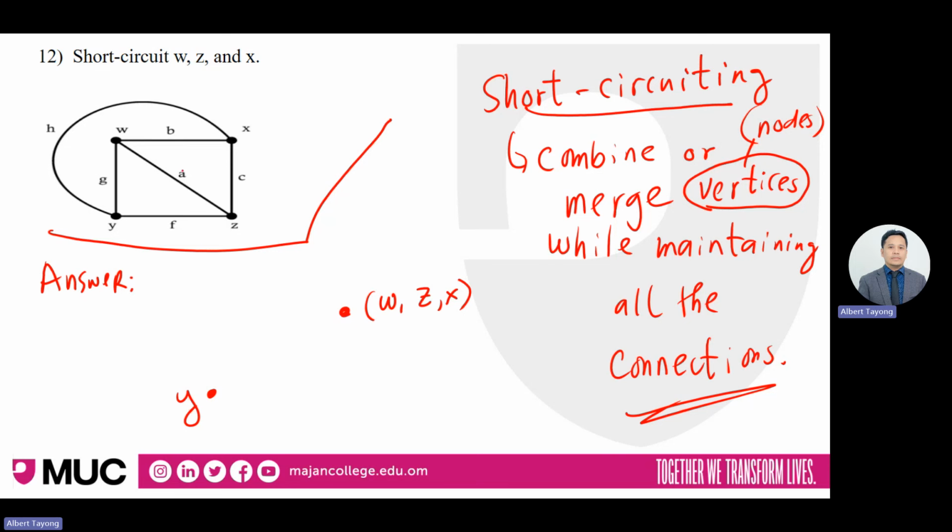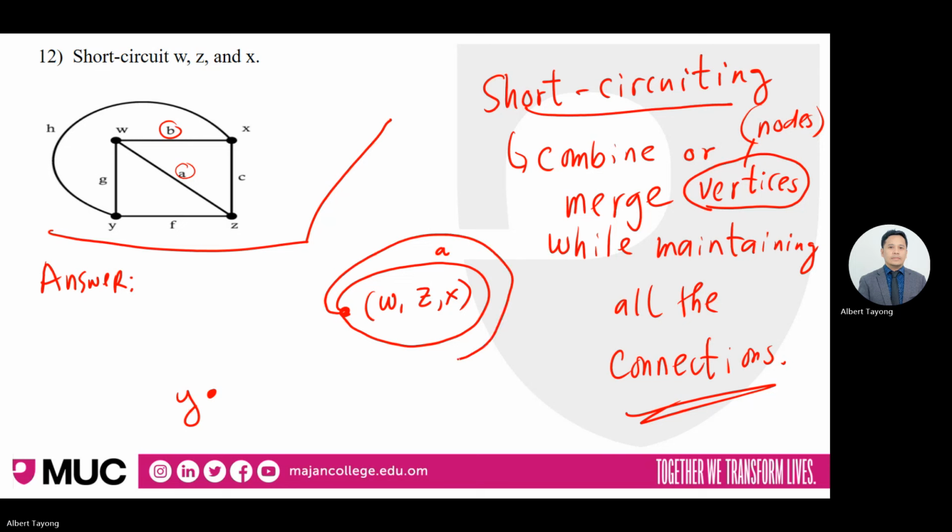Okay, so we can start with A. Our A is from W to Z. So W and Z are together, so it's going to be a loop. That is our A. Our B is from W to X. Again, W and X are together, so it's going to be the second loop.